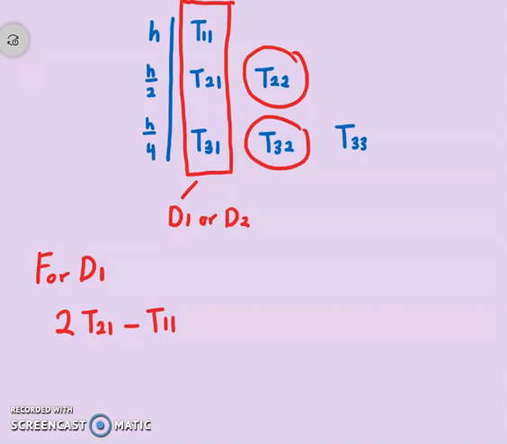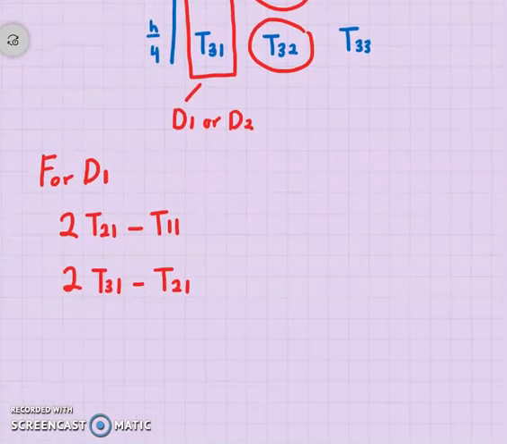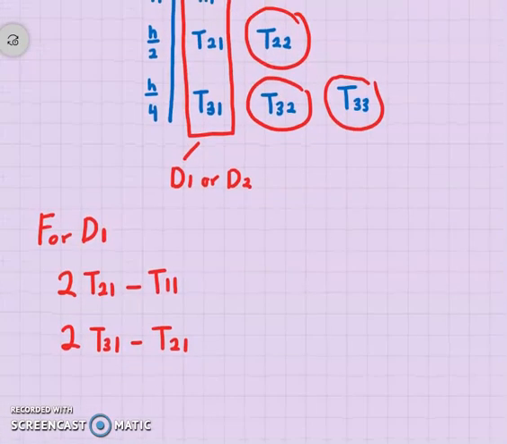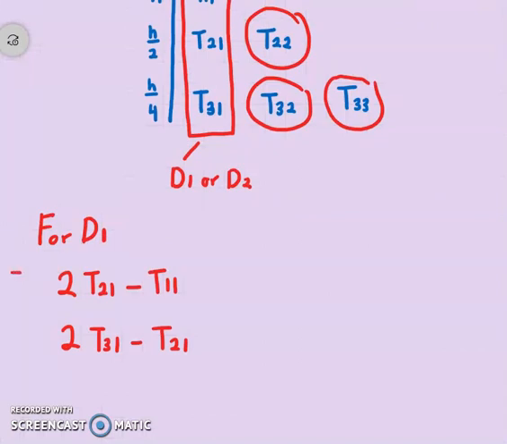T32 can be obtained by 2 T31 minus T21. And lastly, to find T33, let me write T22 equals this, and T32 equals this.